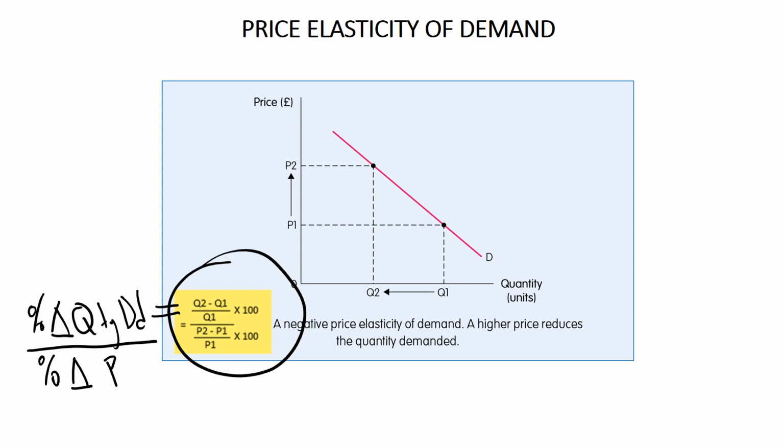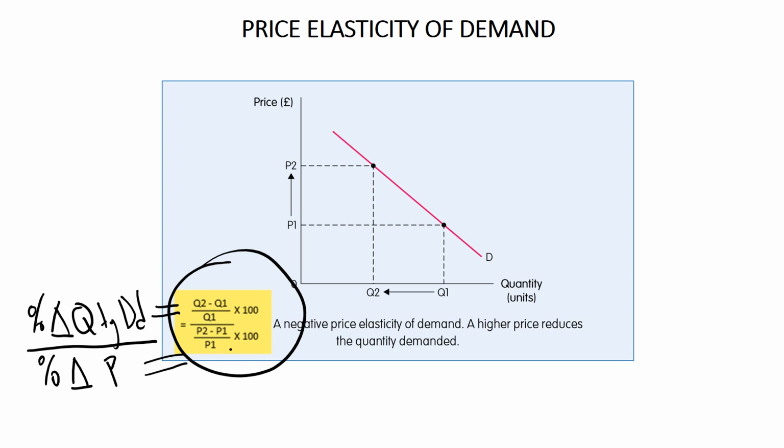That's quantity in period 2 minus quantity in period 1 over quantity in period 1 times 100. This one over here, P2 minus P1 over P1, is the same thing as the percentage change in price. So that's price in period 2 minus price in period 1 over price in period 1 times 100.